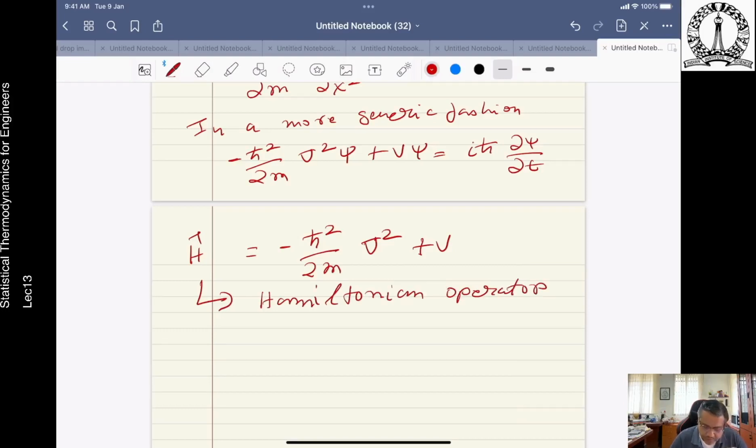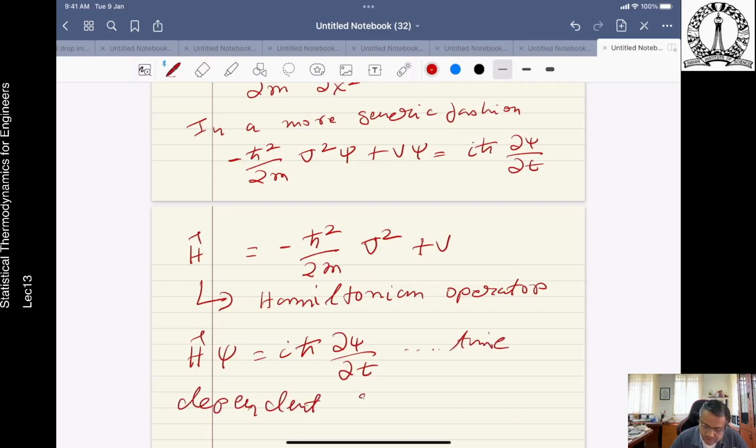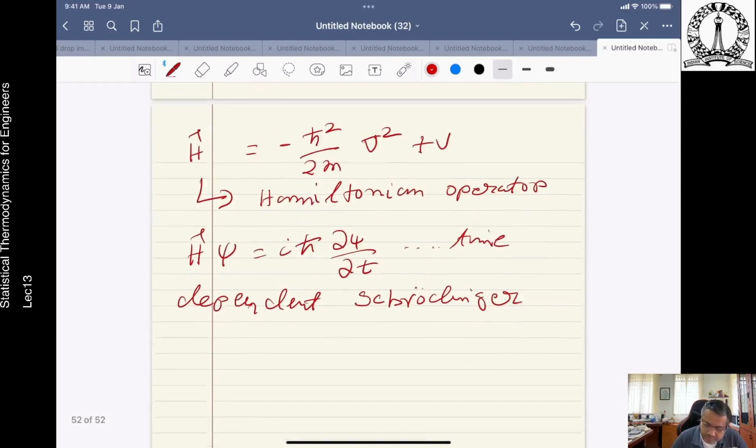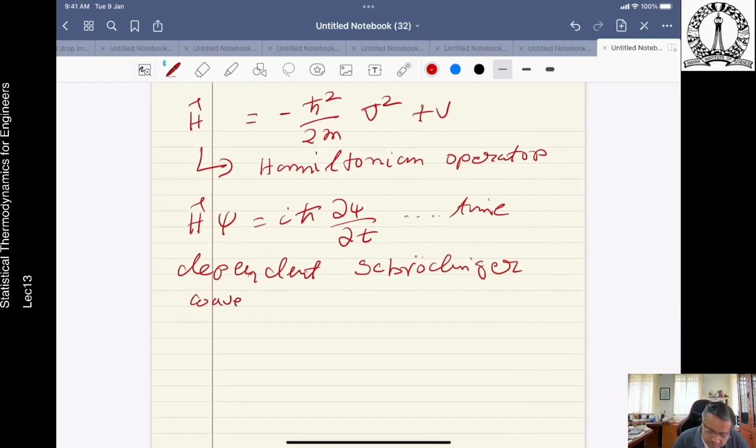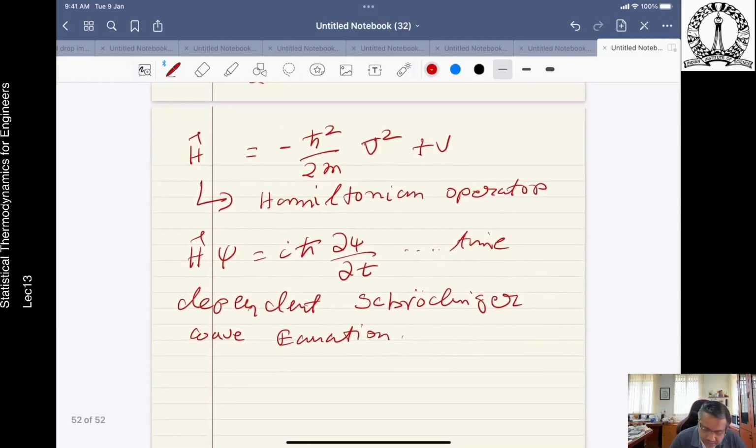Once you cast it in terms of the Hamiltonian operator, Ĥψ = iħ ∂ψ/∂t. So this is the time-dependent Schrodinger's wave equation.